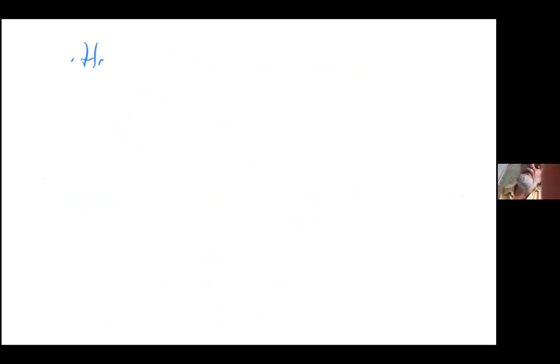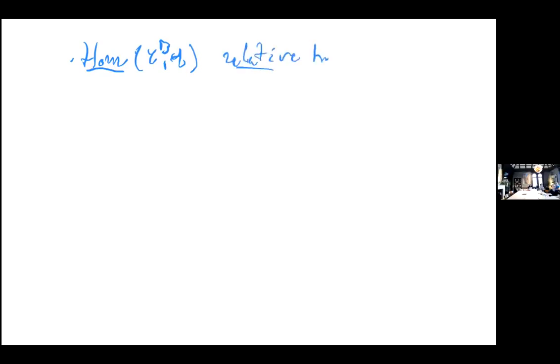What we have in general is a slightly more refined situation where we take relative homologies. So this is a similar category of relative homologies, and I put a square. What is this square?